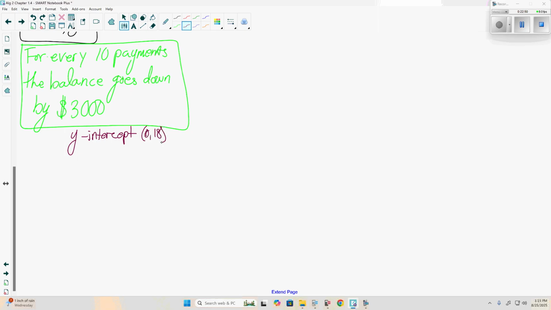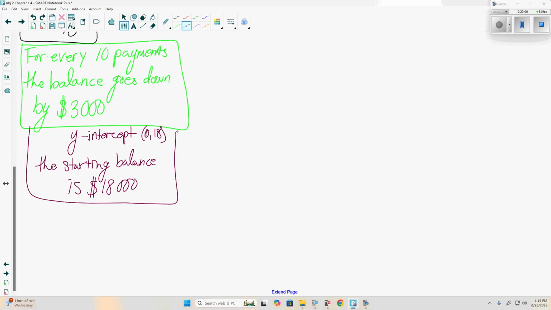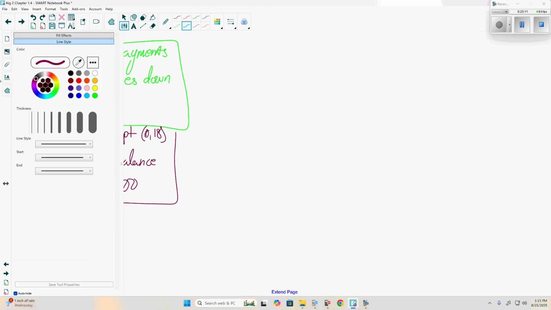The starting balance, the original balance, is $18,000. So before we start making payments, we owe $18,000 on the car.